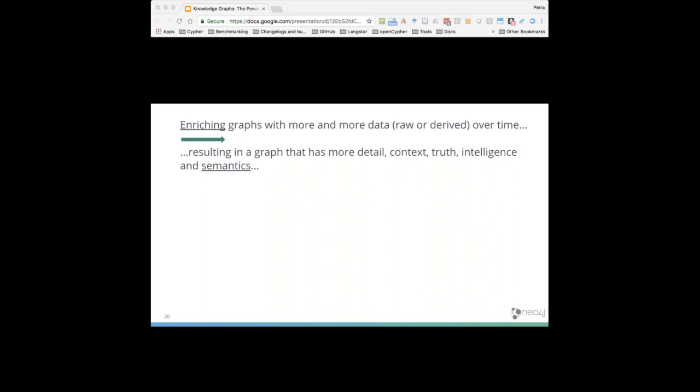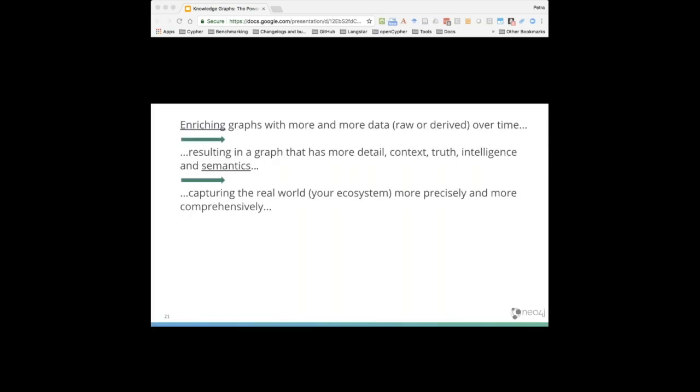By truth, I mean that the data is correct. Maybe the original data was not 100% verified, maybe it was incomplete. But the idea is that as the graph evolves by being enriched, the processes augment the data so that it becomes more and more correct. This is very much driven by relationships as a first-class citizen. Because of that, we now have a graph that is more intelligent than the original one, and furthermore has much better and more fine-grained semantics.